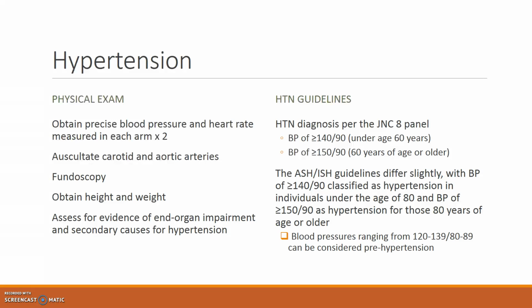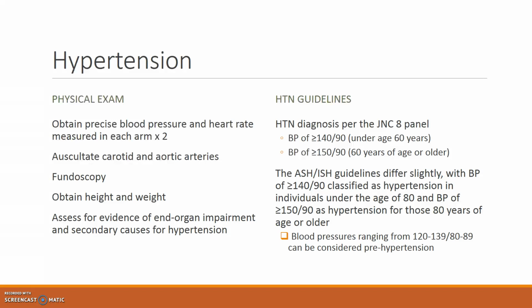It takes a while, okay. Something really overt you can see, but something a little less overt or discreet is difficult until you gain practice. You want to look at height and weight ratios and those BMIs, and you want to assess any evidence for end organ impairment or secondary causes for hypertension.